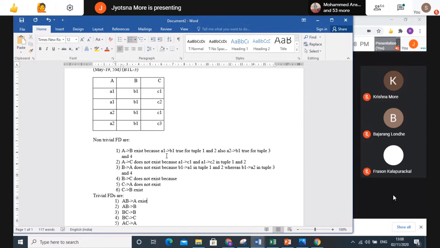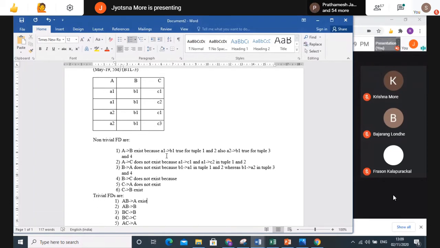Next, AC determines C. Again the same case. It exists. Correct? Yes or no? Again, we don't have any common factor on the left side. If the left side is same, then the right side has to be same.